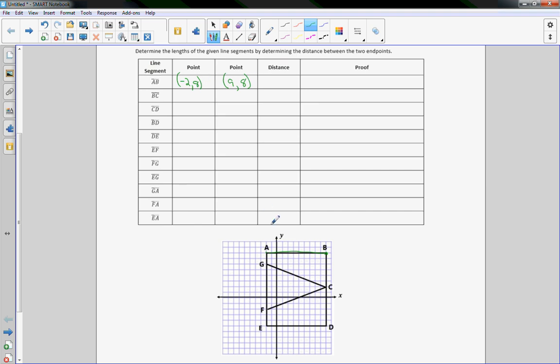Well, 8 and 8 are the same. That means that AB is horizontal, and they're both at a height of 8 units up on the y-axis. So it's a horizontal line, so we need to determine the distance from 9 and -2. From -2 to 0 is 2, and from 0 to 9 is 9. And 9 plus 2 is 11. So this is 11 units.